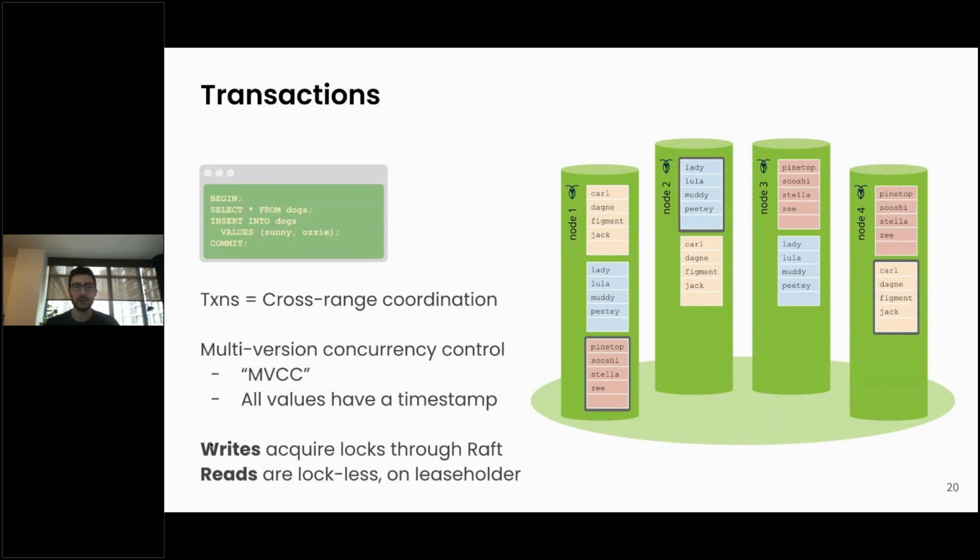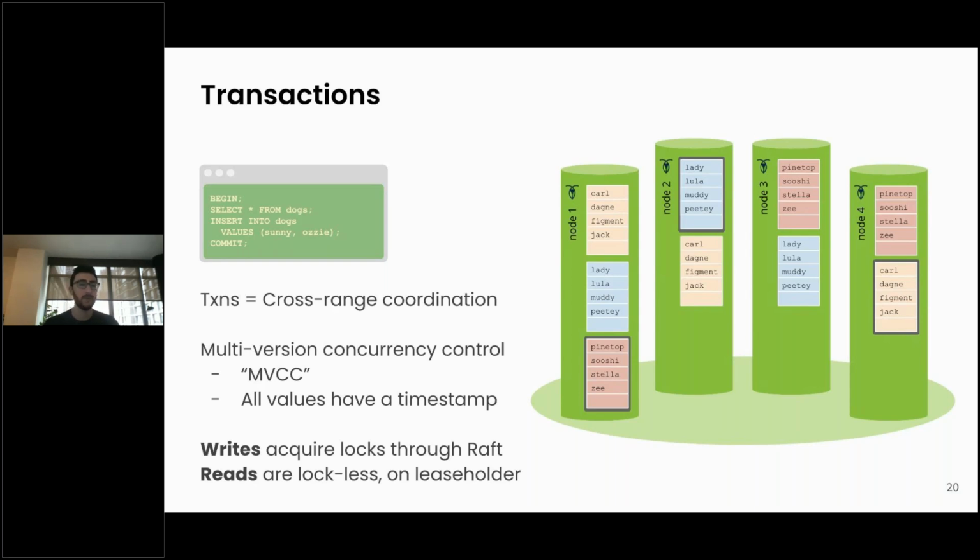Within a range, Raft is used for coordination. But across ranges, transactions are used for coordination. And one thing to point out here is that CockroachDB uses multi-version concurrency control, or MVCC, within its transaction layer. That means that each key within the system has multiple versions, and these versions are all given a timestamp.